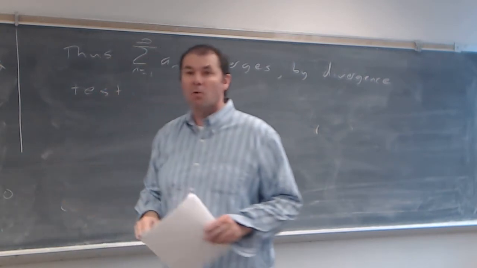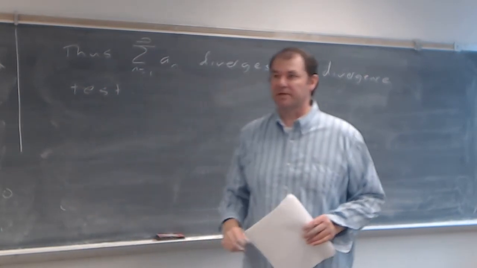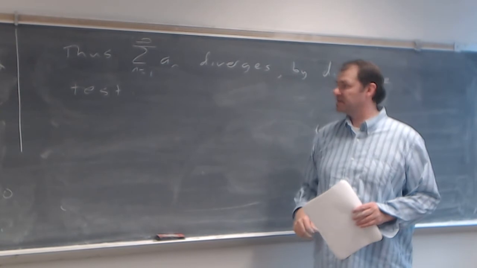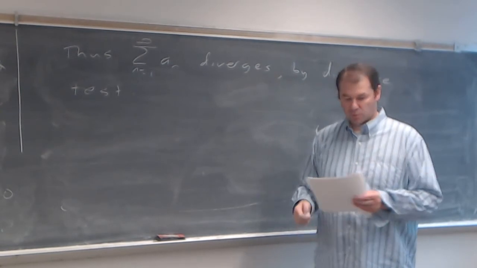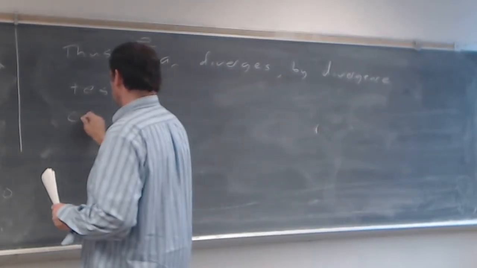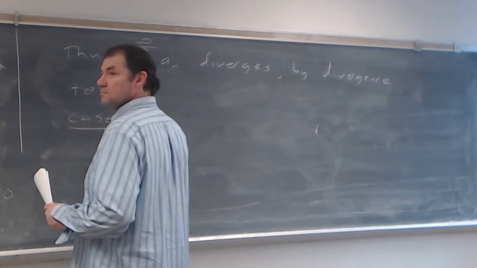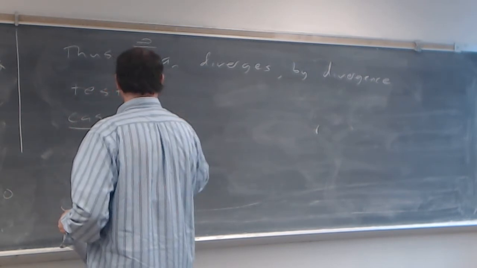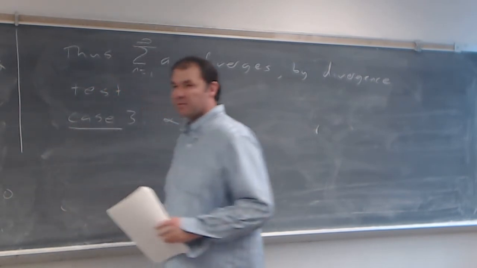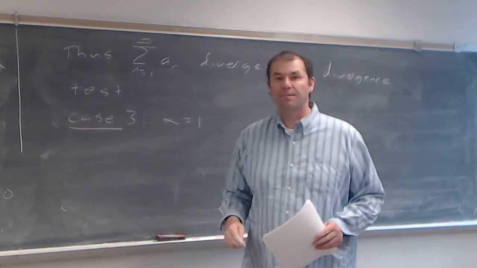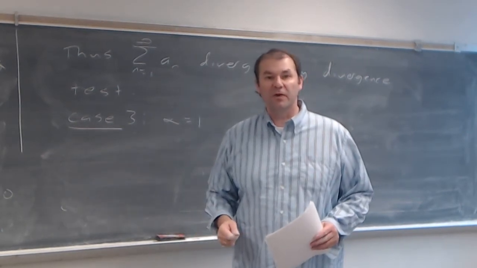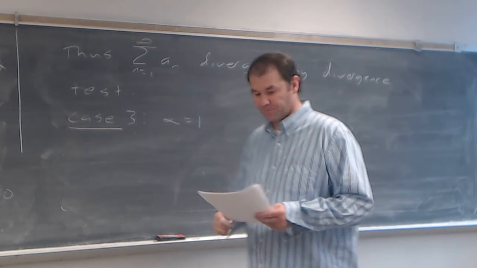Okay. Well, we got one more case to consider here. That last case is when alpha is equal to 1. What we're trying to do here is show that the theorem is inconclusive.